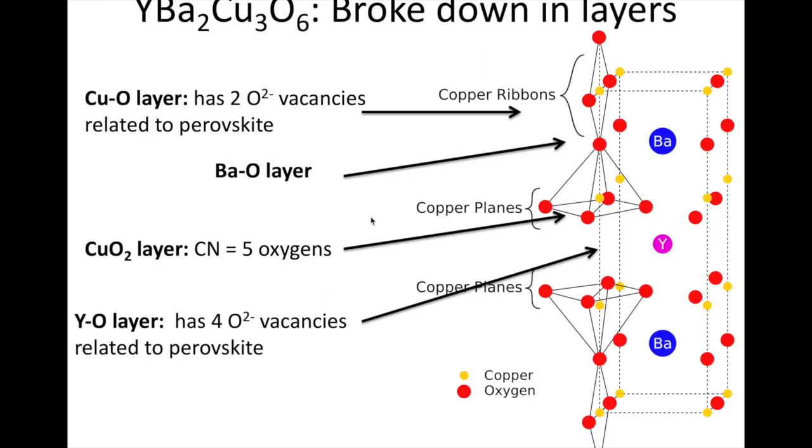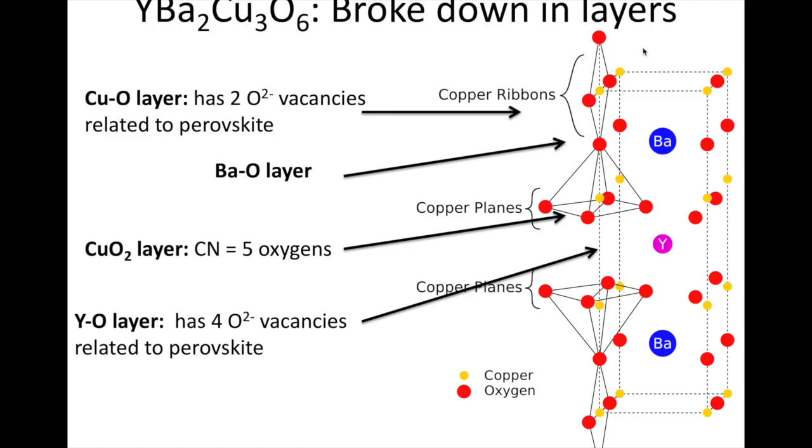All right, so here's the structure. I don't expect you to memorize this structure or anything like that, but I want us to go through the main parts and see if we can take away some of the theories on why YBCO is such a good superconductor. Again, I mentioned the presence of copper and oxygen. It's important to note there are actually two different states of copper in this structure.